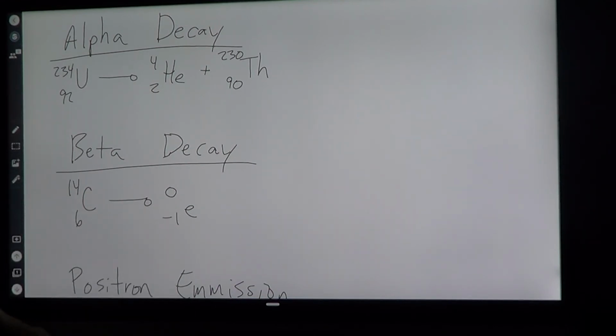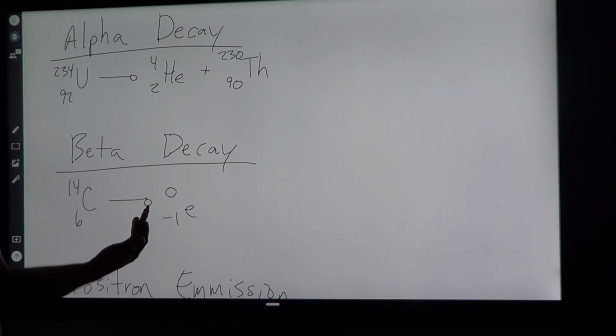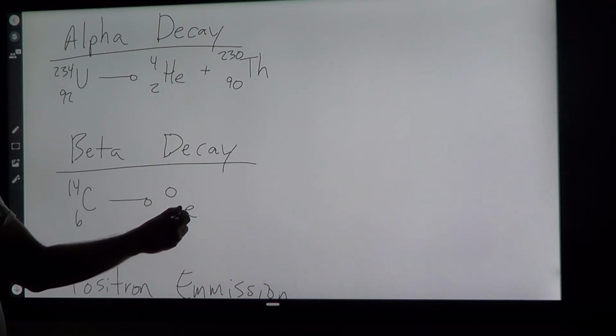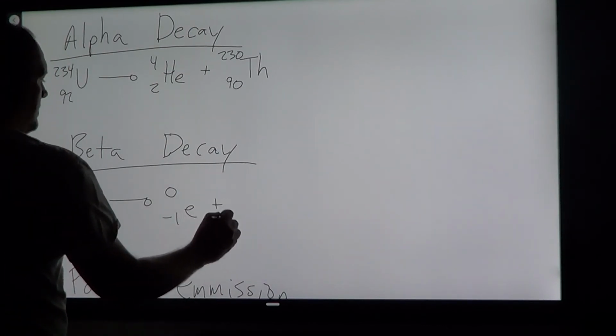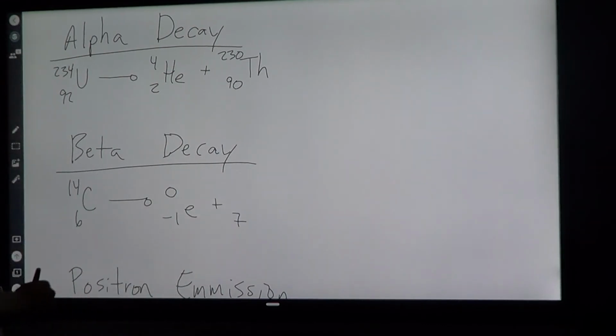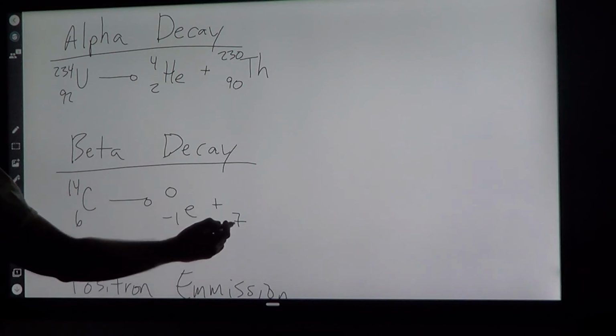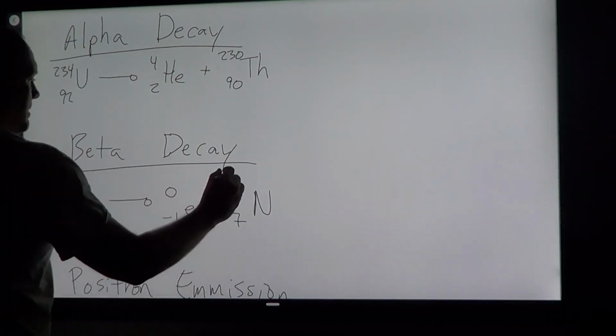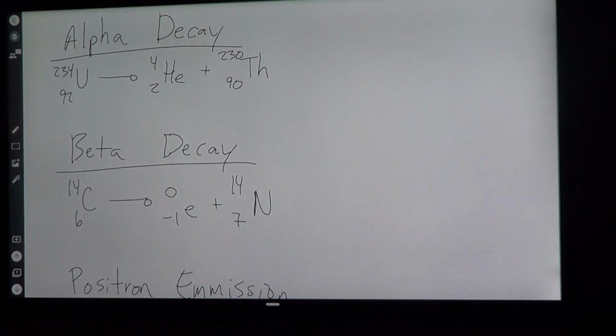Because that number is so high, the atom will destroy a neutron and kick out an electron. And what is left is you now have a neutron that's been turned into a proton, which changes us from 6 to 7. So now we are nitrogen, but the mass number stays the same.